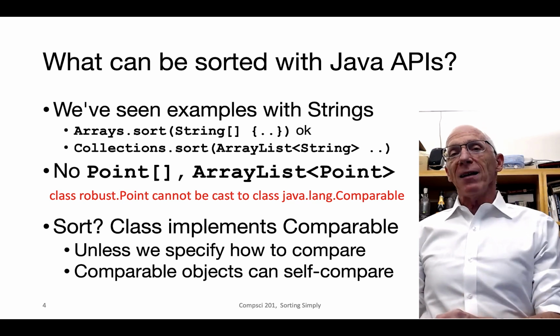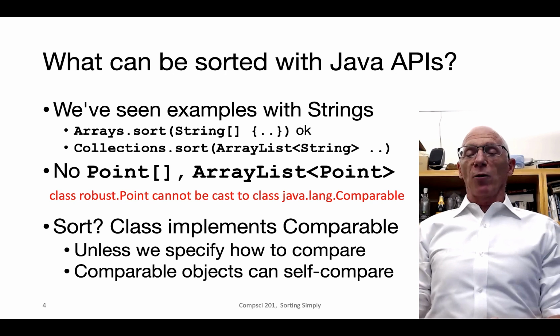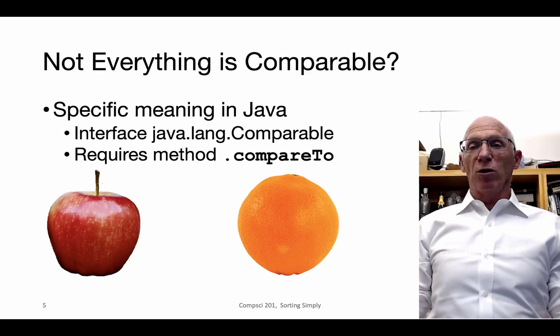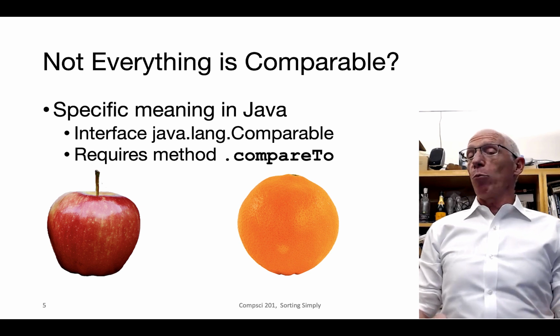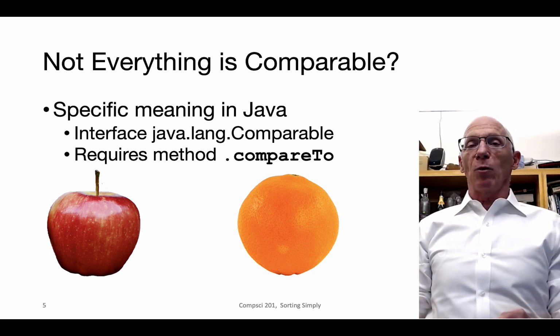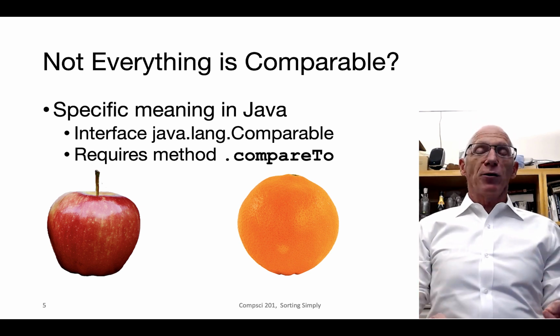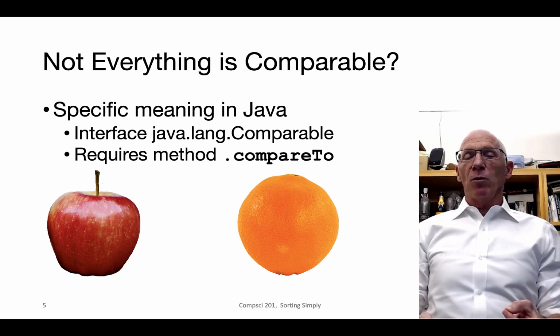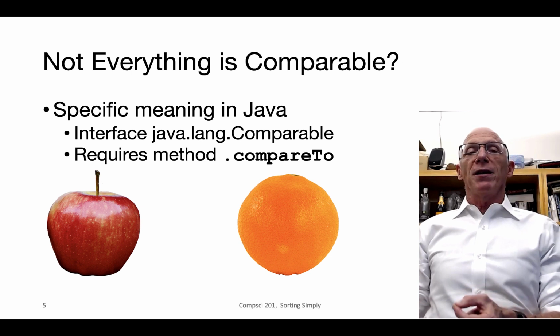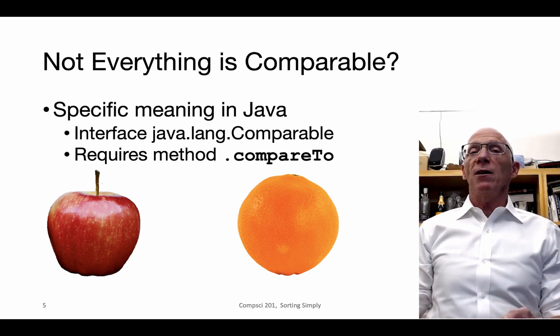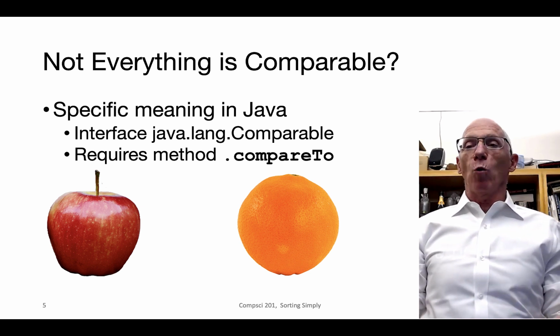And when we can't ask the object to compare itself to another one, we can tell it how to. Not everything is comparable. For example, that Point class we just saw is not comparable. There is an interface, java.lang.Comparable, and implementing the interface requires a method named compareTo. And we'll see in the next few slides how that works.